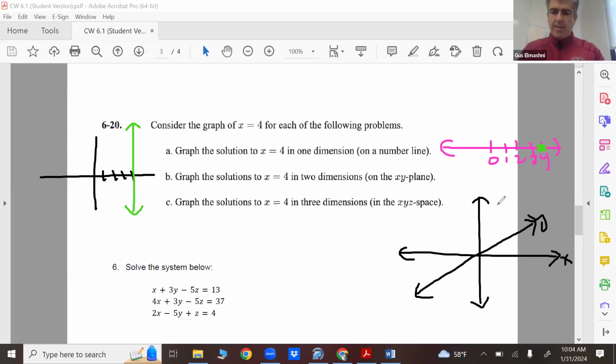Then if you're doing a 3D plane, that's how you should draw a 3D plane. And that's a little tricky. So there's 4. This is a little tricky to do. I'm gonna do my best. Bear with me here, guys. Do we have shapes that we can do? Maybe. Let me switch.